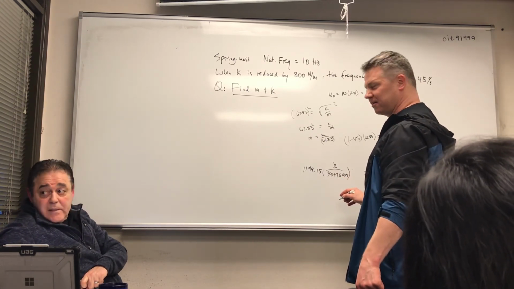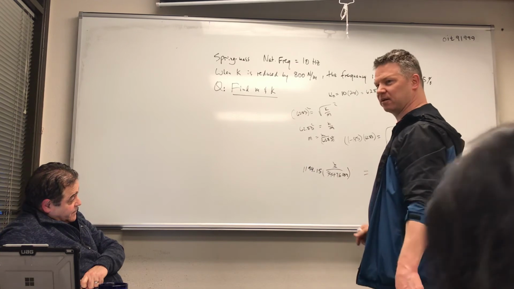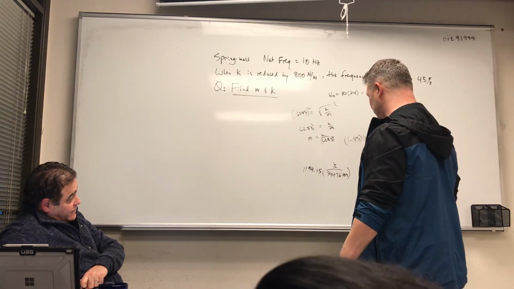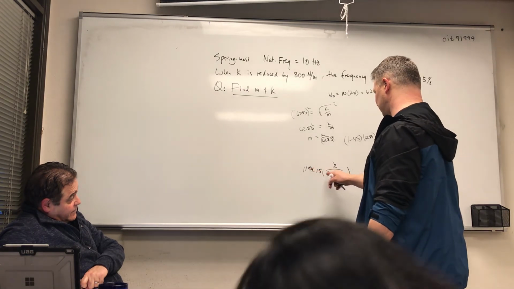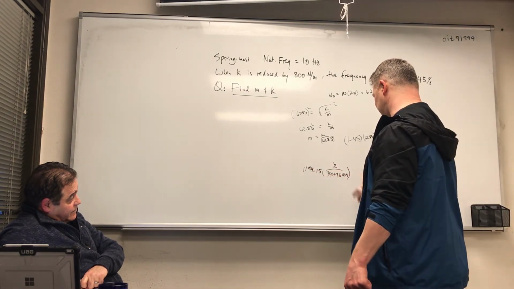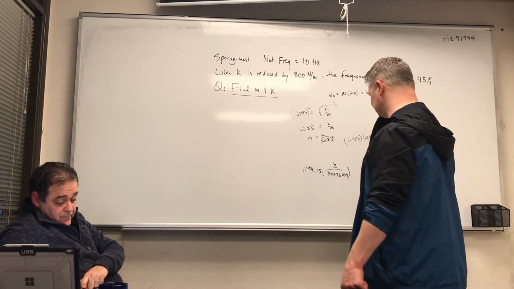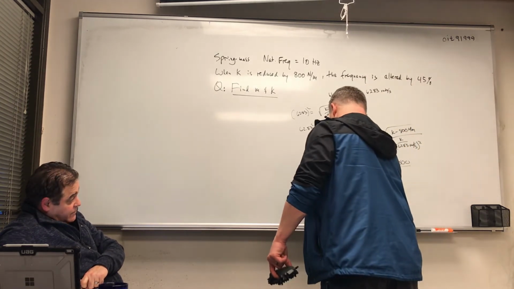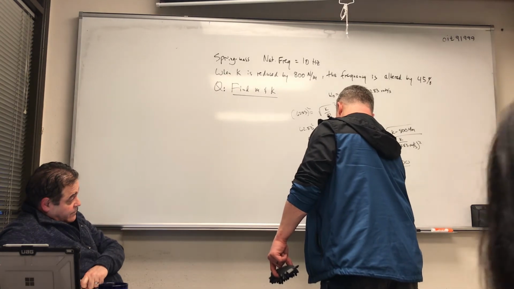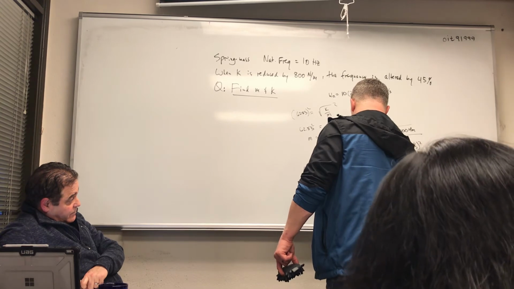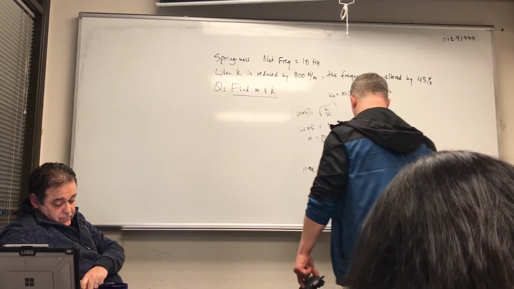Okay, so K over what? 1194.15 divided by 3947.6089 is 0.302-ish. Okay, equals K minus 800.